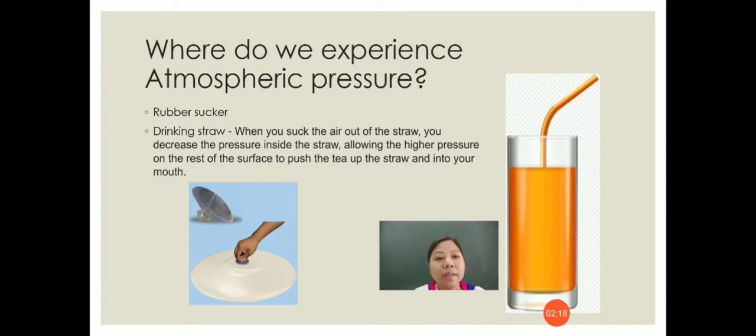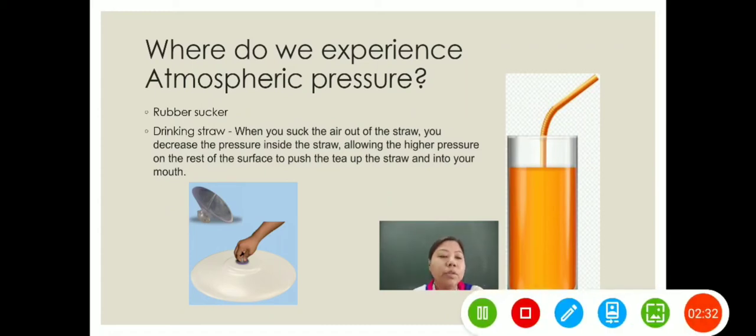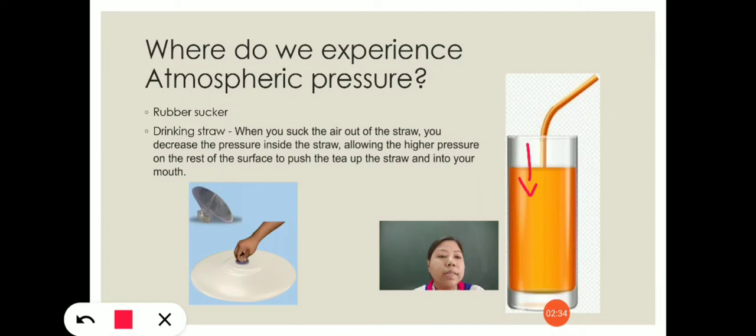When you suck the air out of the straw, the pressure inside the straw decreases because the air has been removed, and the atmospheric pressure begins to act on the surface of the liquid. Since the atmospheric pressure is now greater than the pressure inside the straw, a pressure difference is created.